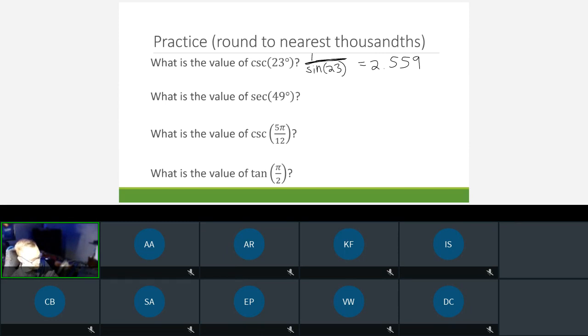Option 3 is degree, and option 4 is radian mode. Because we're doing degrees, you want to hit the number 3. Got it? All right. Now go ahead and type it again and make sure you get 2.559. All right, so everyone's good? Everyone got the same answer?